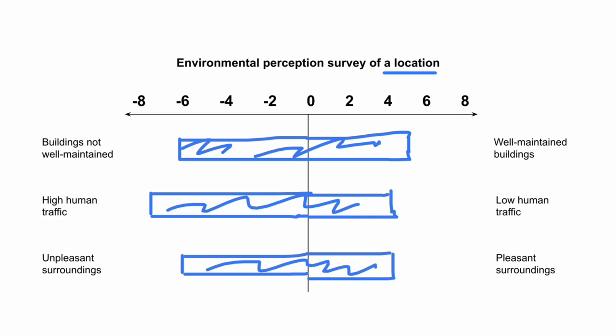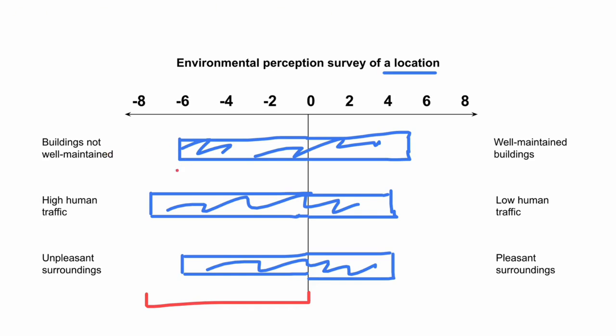This graph actually helps you to understand whether people think of that location positively overall or negatively overall. You will notice for this graph here, most of the time, it leans towards the negative side. So what you can say is that typically people think of that tourist location as something negative. And you want to support your answer with the fact that, for example, building is not well maintained.